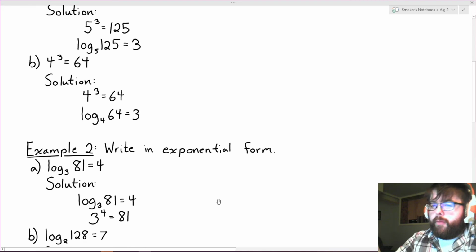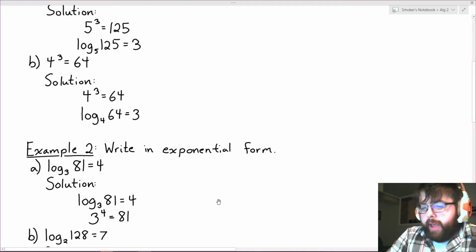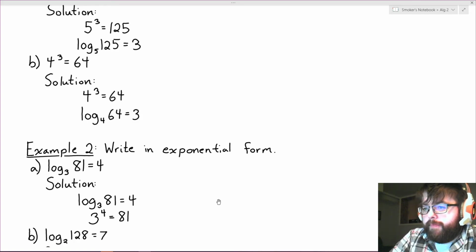This isn't the type of problem where we're solving, evaluating, or simplifying. Most of the time, about 90% of the problems you get are solving or simplifying.